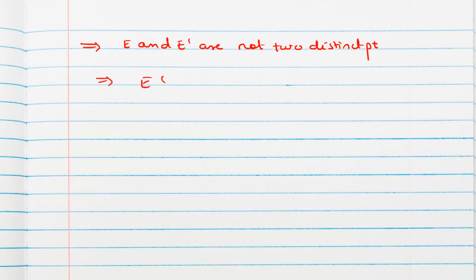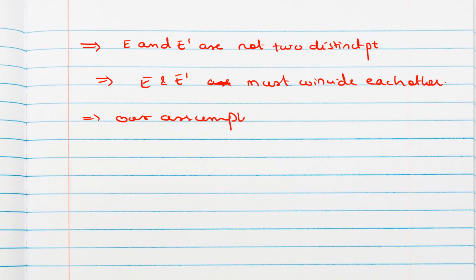Therefore, E and E dash are the same point, or E and E dash must coincide with each other. Therefore, our assumption is wrong. Therefore, DE is parallel to BC. So here we have proved the converse of BPT.